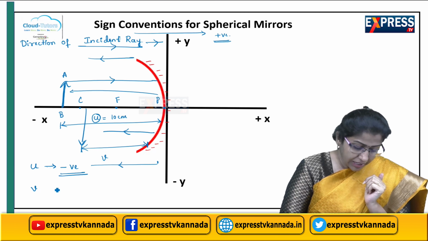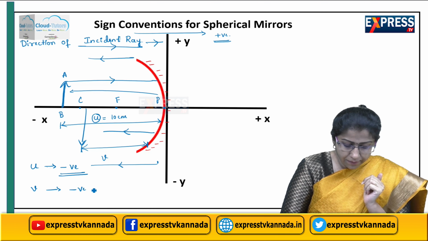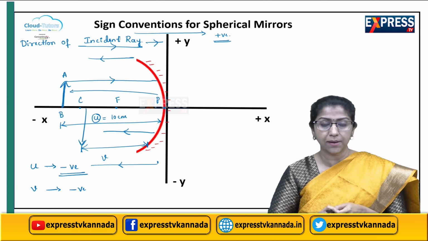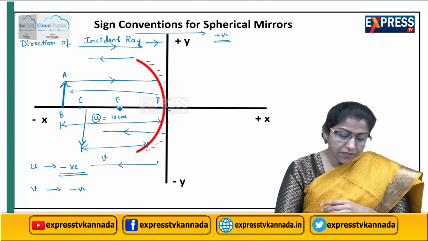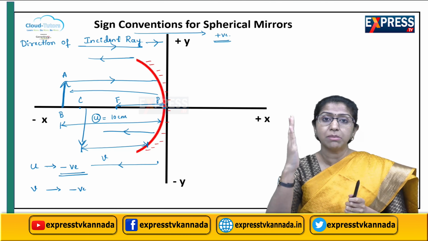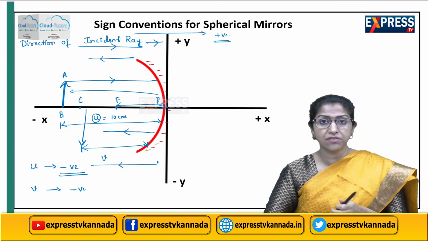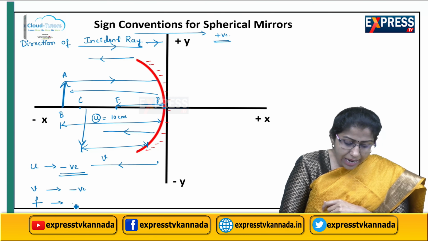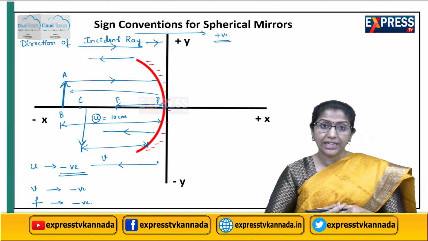Hence, V is also negative because we will be measuring in the direction opposite to the incident ray. Right? In case of the focal length of the concave mirror, it has to be measured again opposite to the direction of the incident ray, and hence in case of concave mirror, F is also negative.